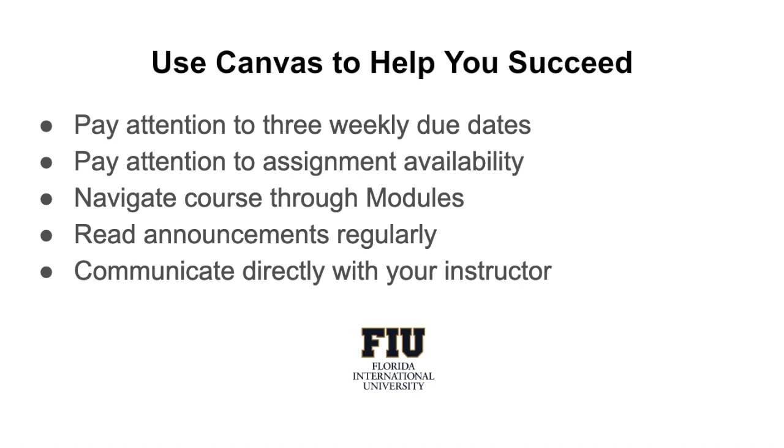So related to paying attention to the 3 weekly due dates, you also need to pay attention to assignment availability. Not all of the assignments for this class will be available the whole semester. Pacing and structure are very important to online writing classes. So an assignment, especially small assignments, will have an assignment window of usually around 48 hours.